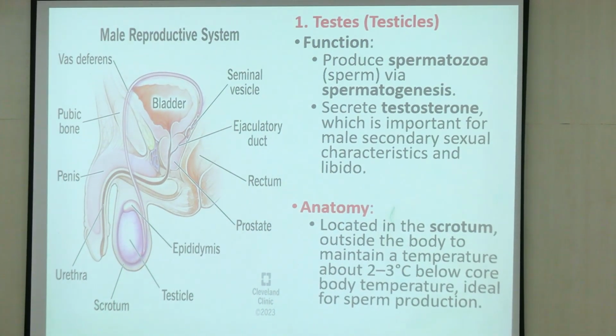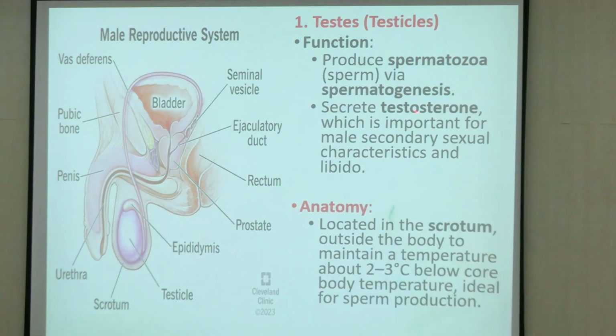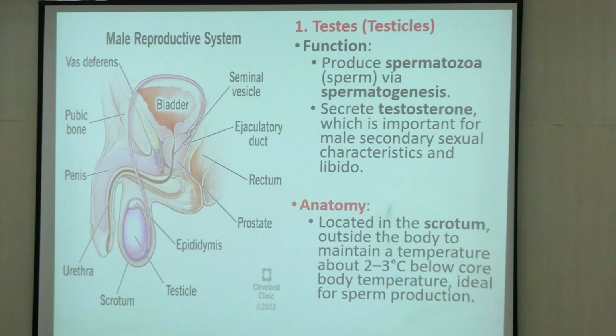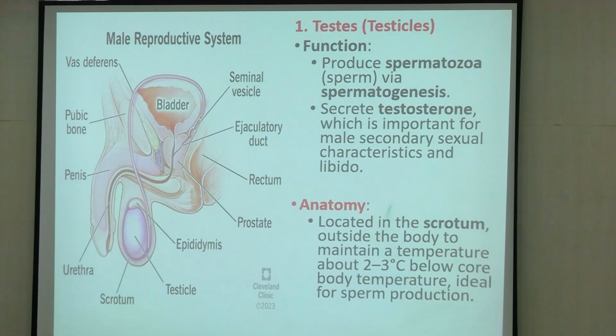These testicles, or testes, also secrete testosterone, which is important for male secondary sexual characteristics along with male libido. So this is the most important structural part and functional feature of the testis.